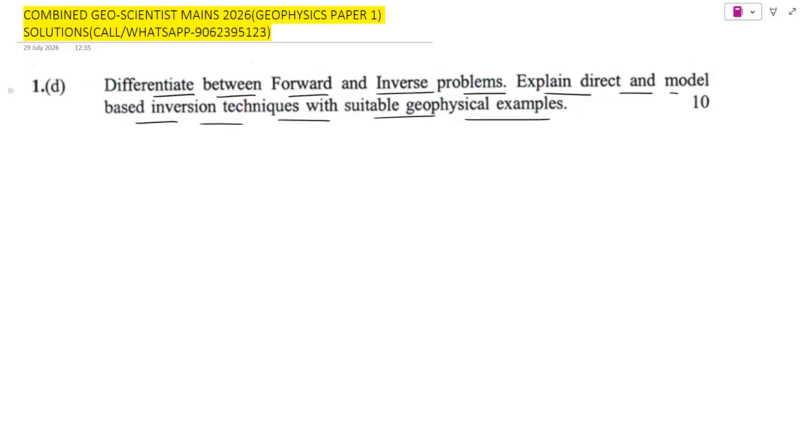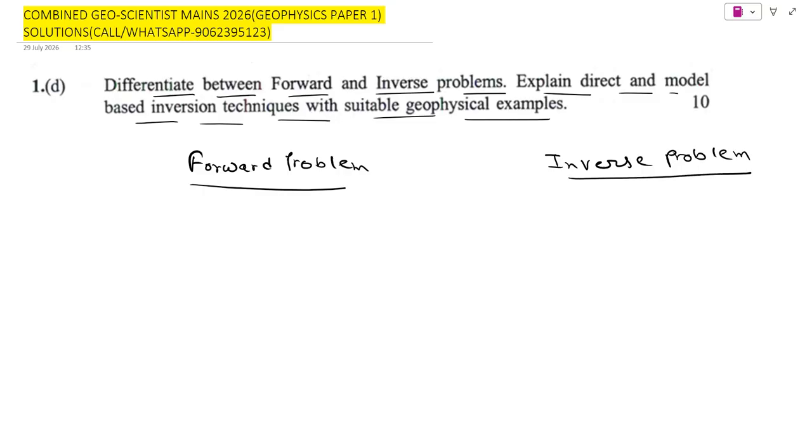Okay. Now, let's make a difference table between the forward and the inverse problem. So here I am writing the forward problem. And here the inverse problem. Look, here earth model is known.